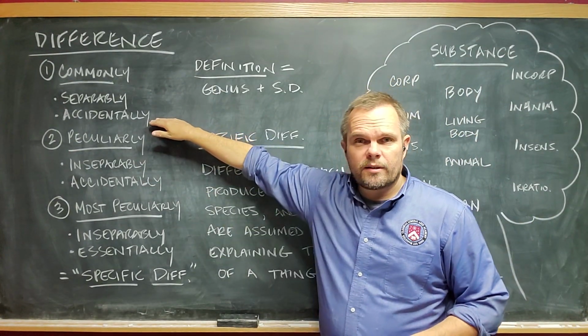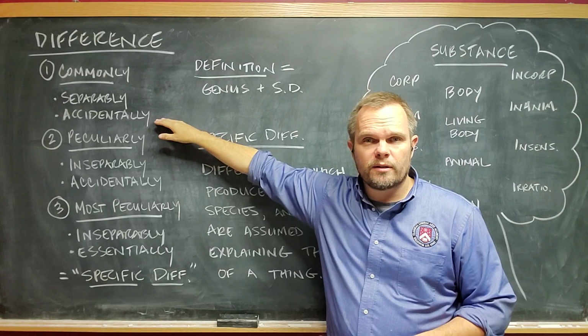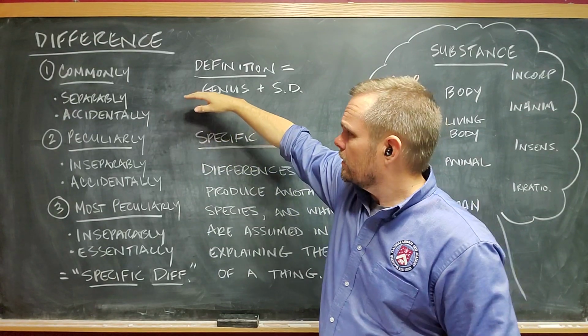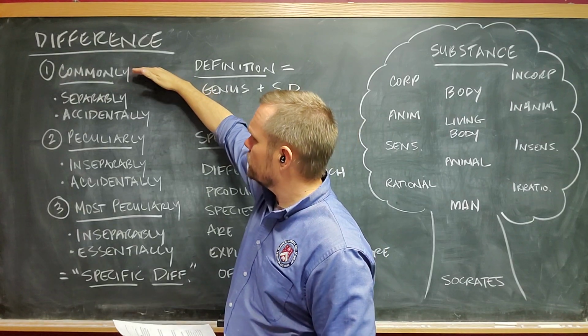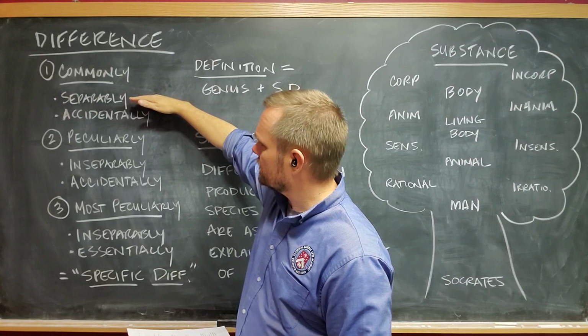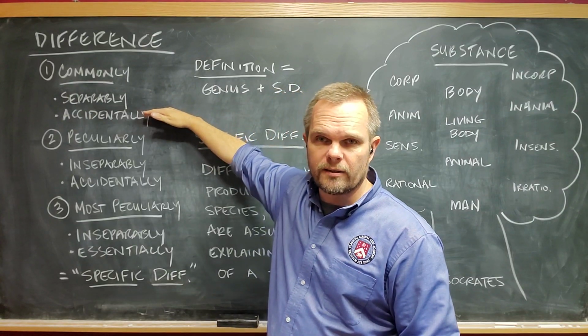The point of this is that common difference is a separable accident. To say that 2 things are different commonly means that the difference is separable and accidental.